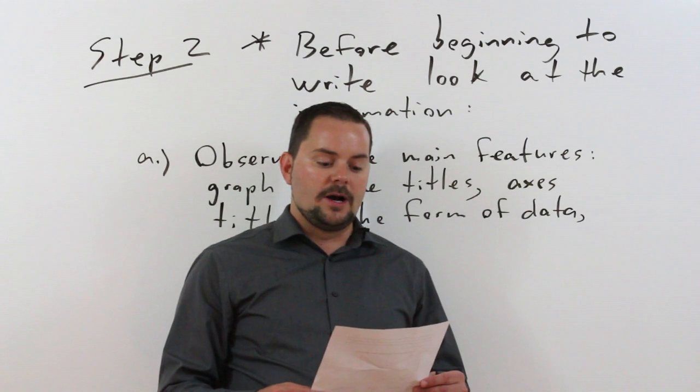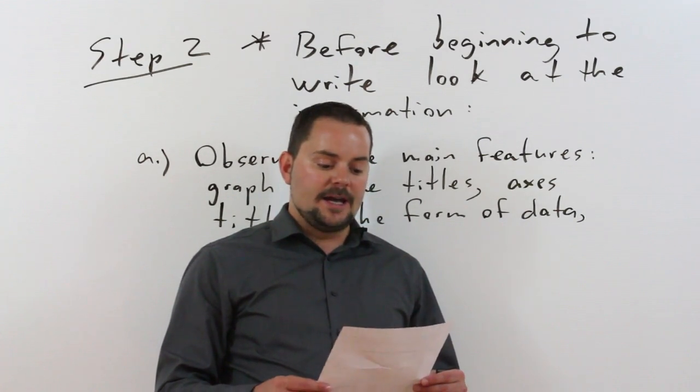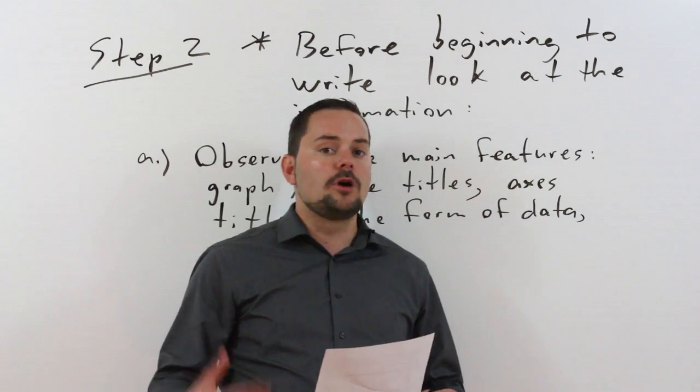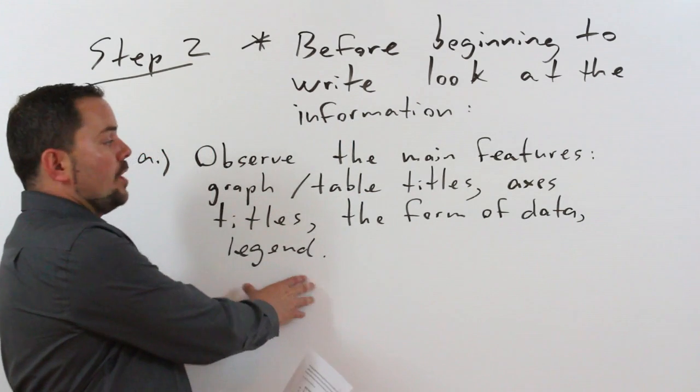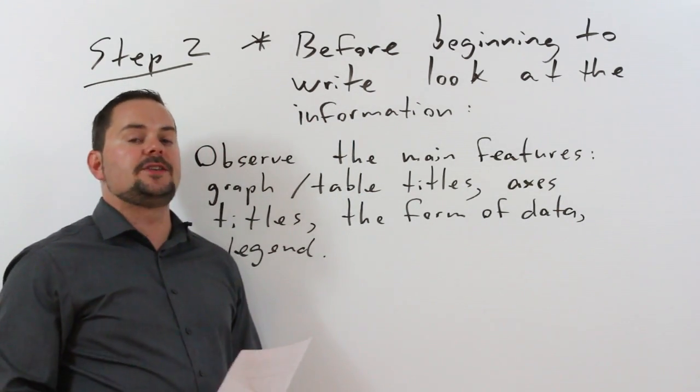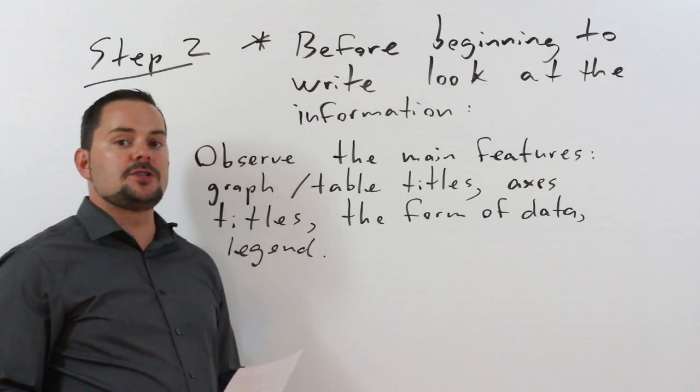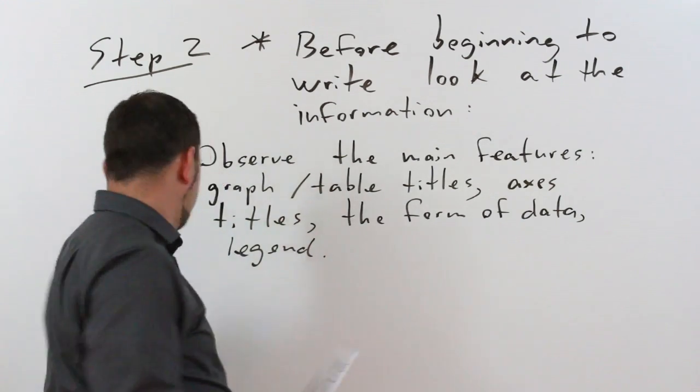All right, so that's good for the description. Now, before we begin to write, we still need to do step 1B, which is indicate our main points of comparison. So let's do that next.